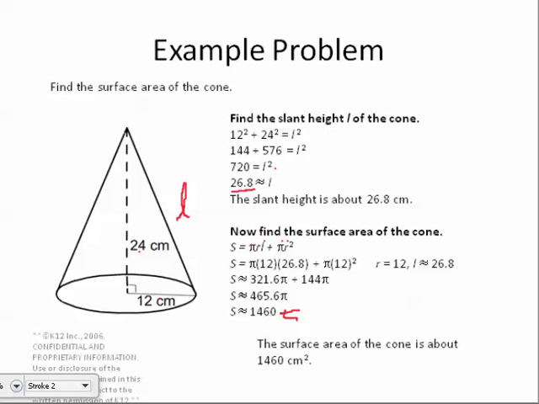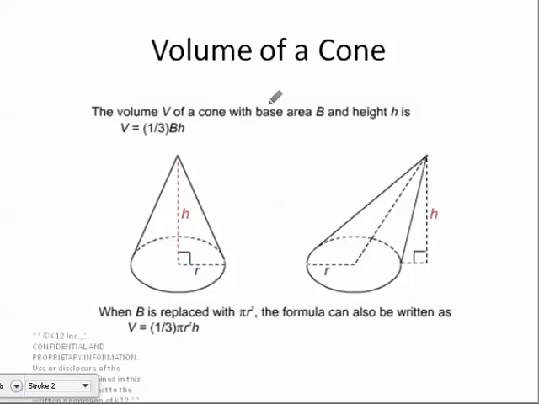Okay? Moving on, we're going to go to volume. Volume of a cone, just like in a pyramid, has that same factor, 1/3. A cone is 1/3 of a cylinder. We're going to find the area of the base times the height. Same process we did for pyramids in relationship to prisms, we're going to do with cones in relationship to cylinders.